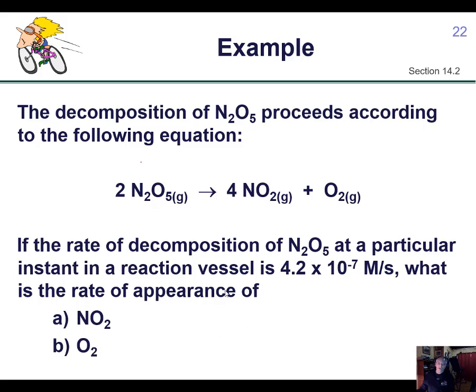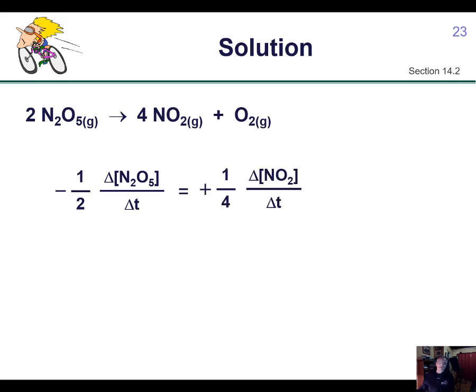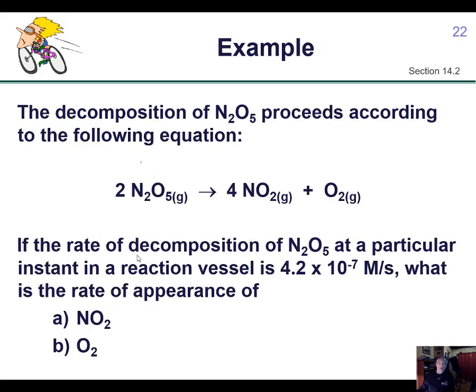All right, so first thing we want to do is set the problem up in exactly the way that we said. All right, so if we go back, we see that we know that the rate of disappearance of dinitrogen pentoxide is 4.2 times 10 to the minus 7 molar per second.